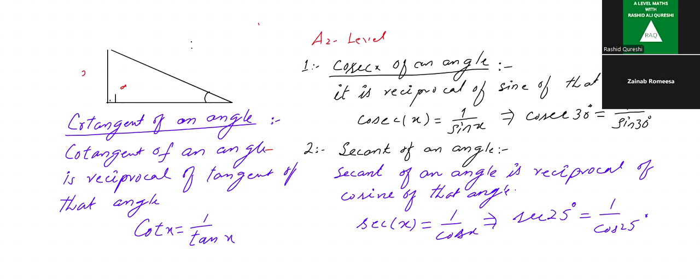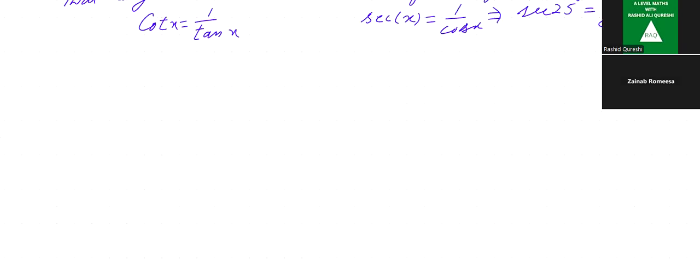Now we have to write another word over here. Then we have some basic results. What are the basic results? You have to write the formulas. First formula: for any angle x, cosecant of x is equal to 1 over sine of x.